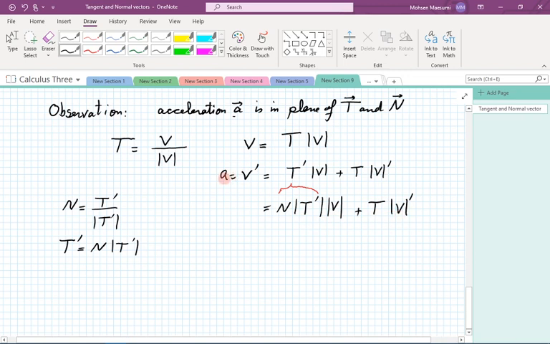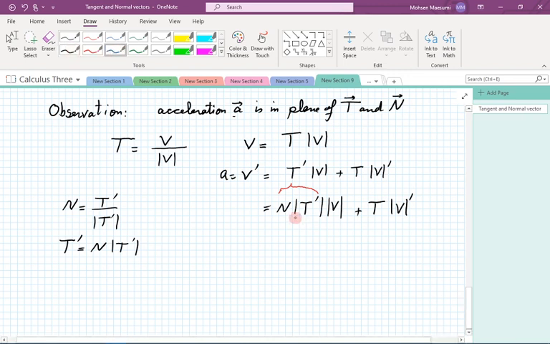So essentially we are showing A is made out of N times a number plus T times some other number. That is the exact proof of what this statement is, that the acceleration is a combination of N and T. There's nothing else, nothing, for example, perpendicular to these two that's going to come in the expression of A.